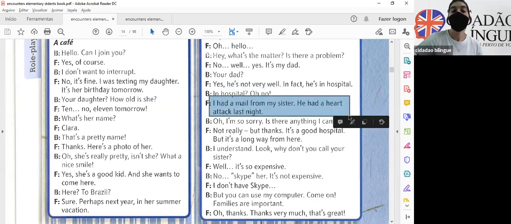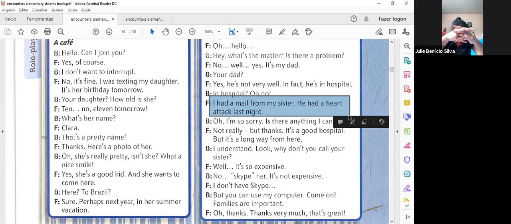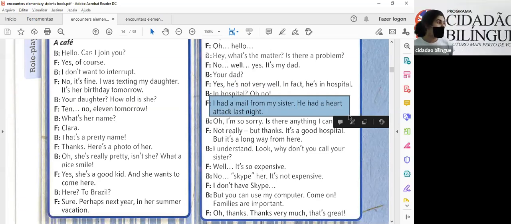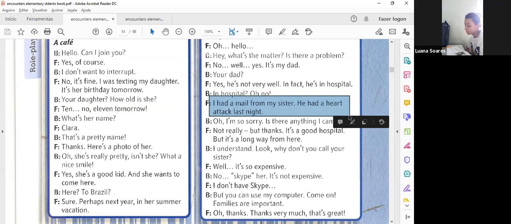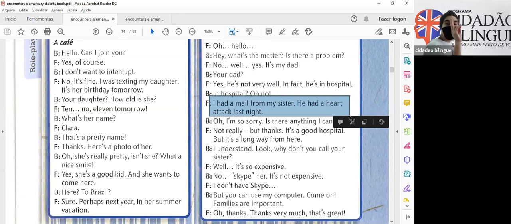I had a mail from my sister. He had a heart attack last night. So I had a mail from my sister. What's the meaning? Eu recebi uma comunicação da minha irmã. It could be mail. It could also be other things. Pode sim ser e-mail, mas também pode ser outras coisas.